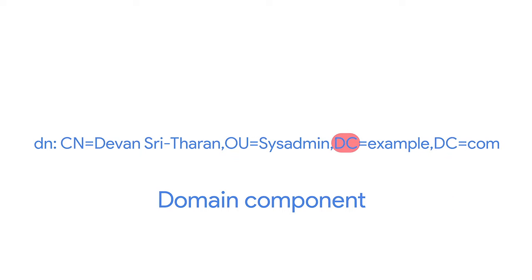OU is the organizational unit, such as a group, and in this case, sysadmin is used. DC is domain component, so example.com is split into example, then com. Again, it's not necessary to remember these attributes. You can reference them in the next reading. The takeaway here is that LDAP notation is used for entries in directory services to describe attributes using values.